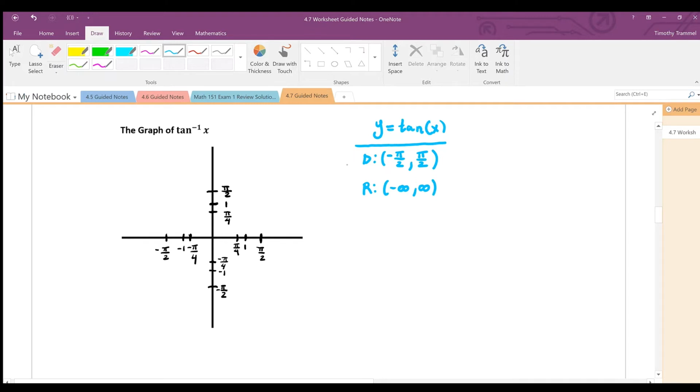And let's graph it while we're at it. Okay, so tangent of 0 is 0. Tangent of pi over 4 is 1. Tangent of minus pi over 4 is minus 1. And we'll go ahead and connect the dots.